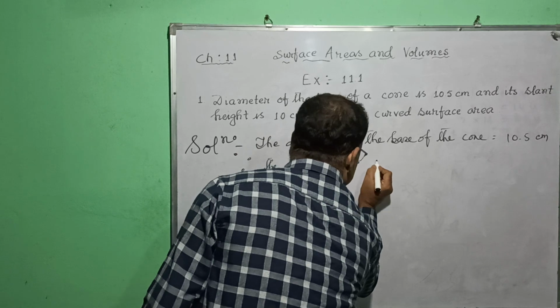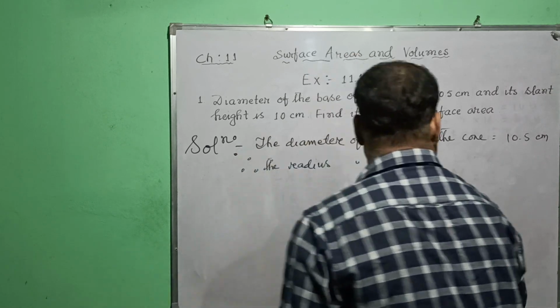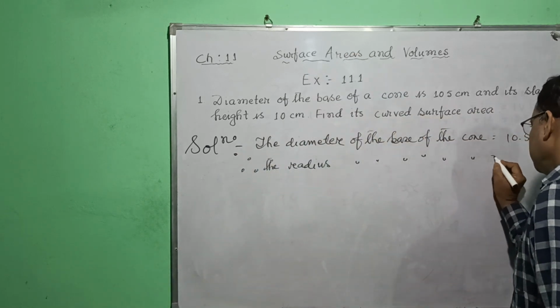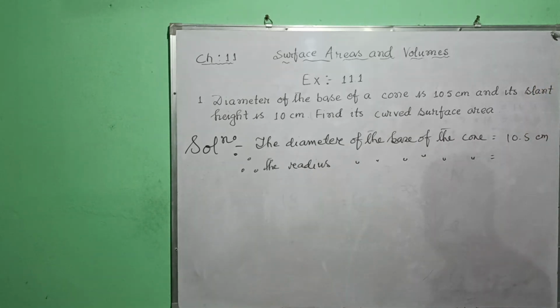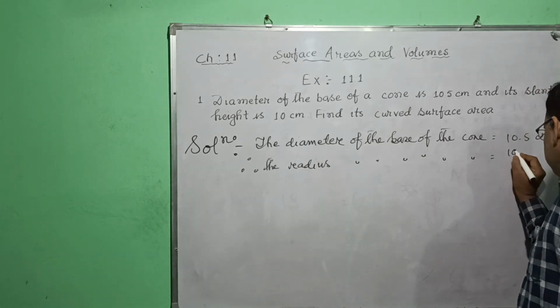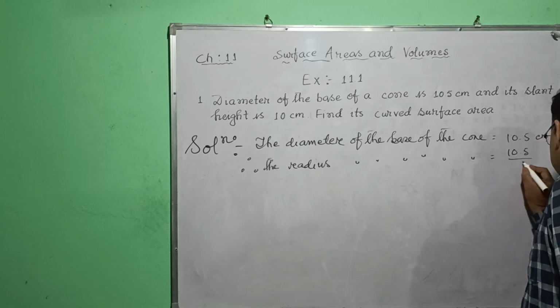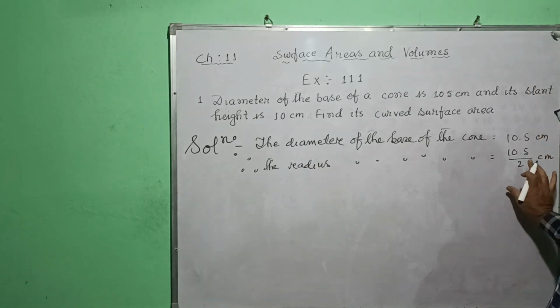Therefore the radius of the base of the cone, we know that the radius is half of the diameter. So we'll divide 10.5 by 2 to get the radius. So let it be like that.